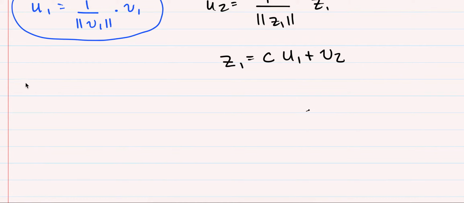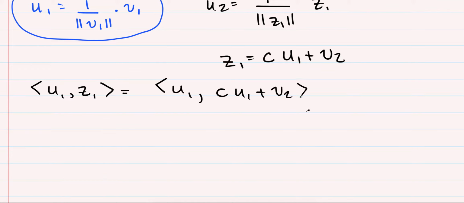All right, so the inner product of U1 with Z1 is equal to the inner product of U1 with C U1 plus V2, which is equal to, well, this is a linear inner product, so C times the inner product of U1 with U1, plus U1 with V2.